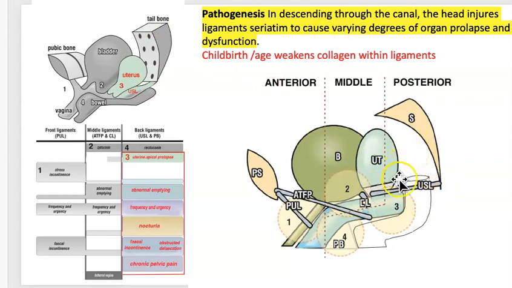As the head comes through the birth canal, it's highly unlikely that you're only going to get stress incontinence. You're going to get problems everywhere. You could get problems here, you're going to get problems down here, problems down here. And the next slide will show us exactly what happens when you take a full history for all the symptoms.